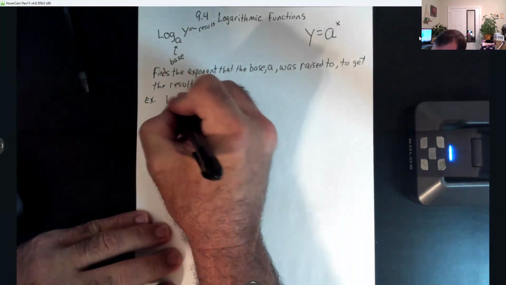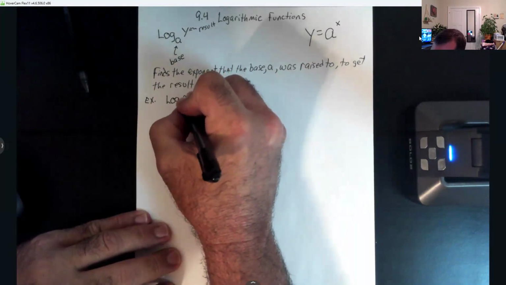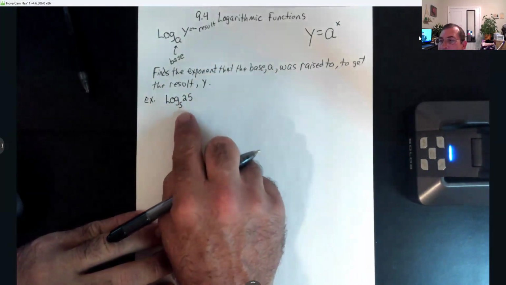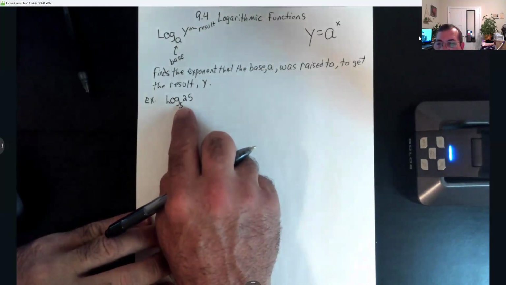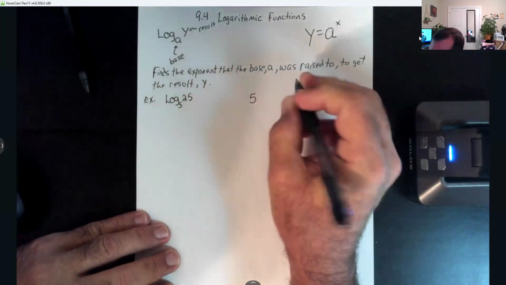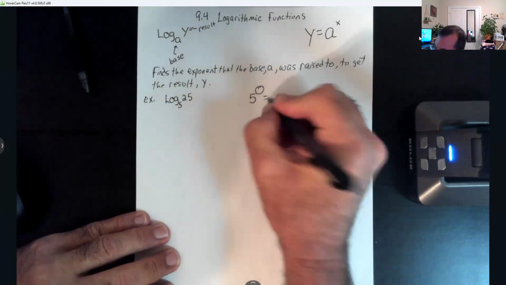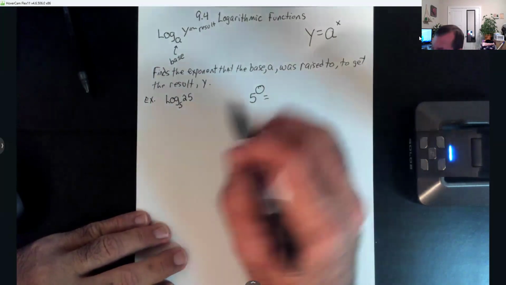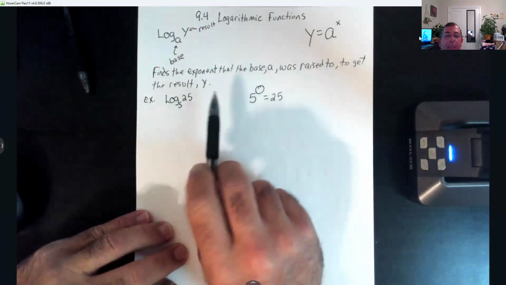So if I have a log base 5 of 25, let me tell you what this is asking me. This is starting with a base of 5. We don't know the exponent, but we know that 5 to some exponent equals this result of 25.